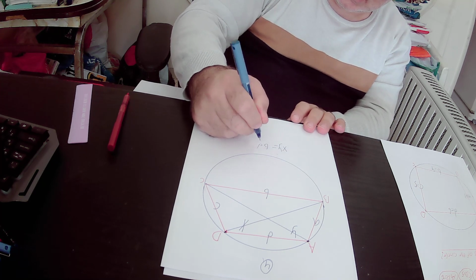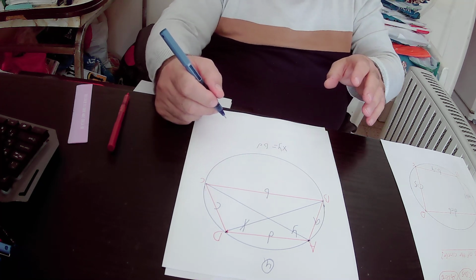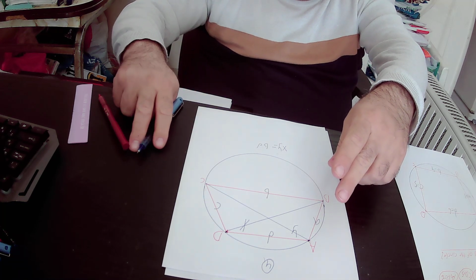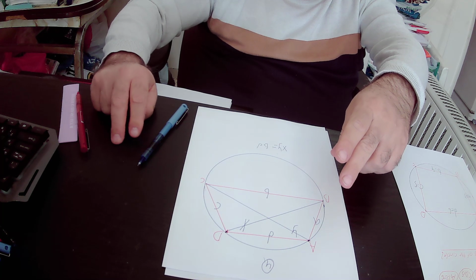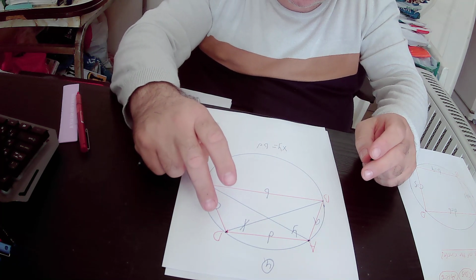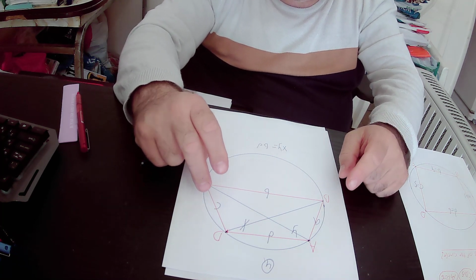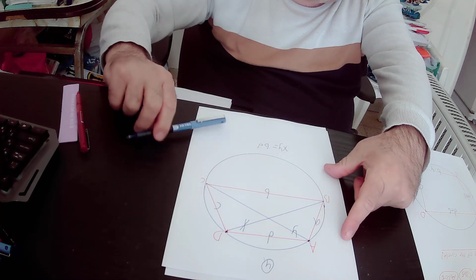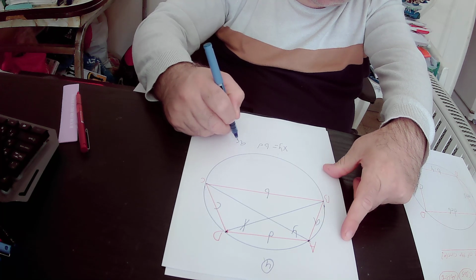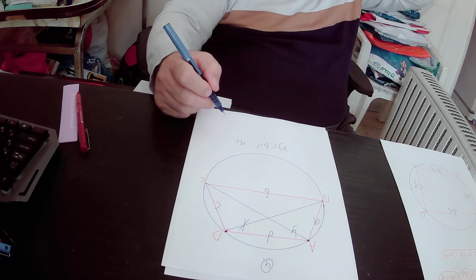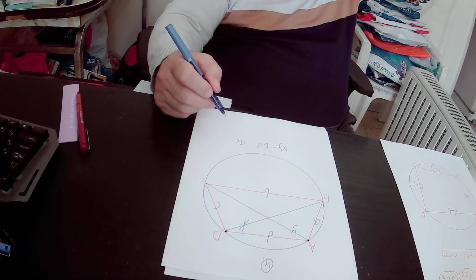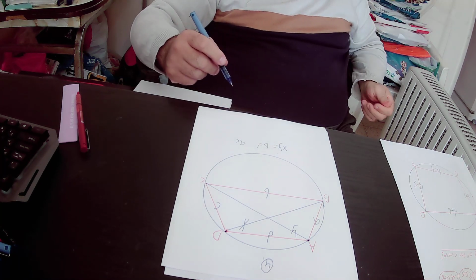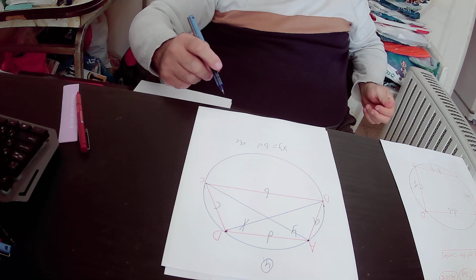And the second pair of opposite sides of quadrilateral ABCD is side AB, which is opposite to side DC, and the product of those two opposite sides is A times C. According to rule number 2, the product of its diagonals, x times y, equals the sum of the products of its opposite sides.